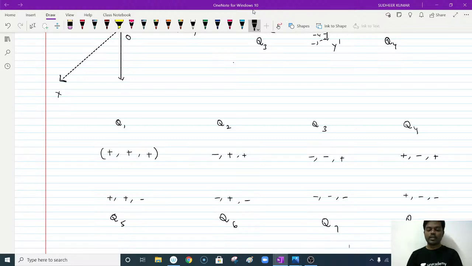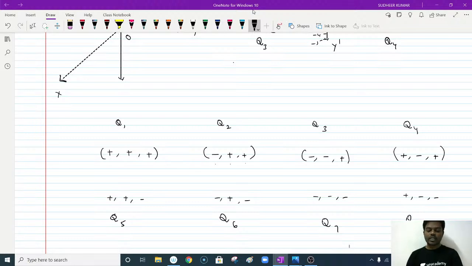So first quadrant, all are positive. Second quadrant, x is negative, y is positive, z also is positive. Next, third quadrant, x is negative as well as y is also negative, z only positive. Then fourth quadrant, x is positive, y is negative, and z is positive.